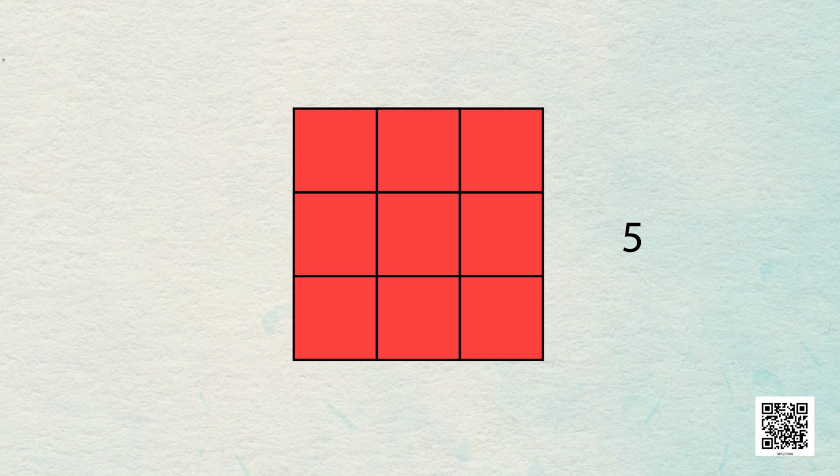So, what do we get? The third odd number was 5. So, we add 5 squares to the previous figure and what do we get? We get a square of 3 by 3.